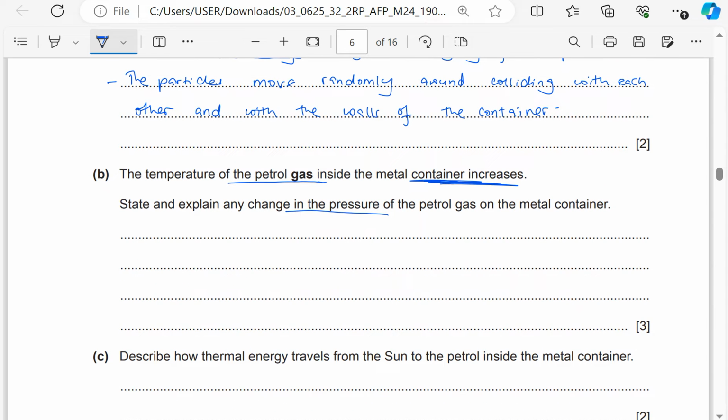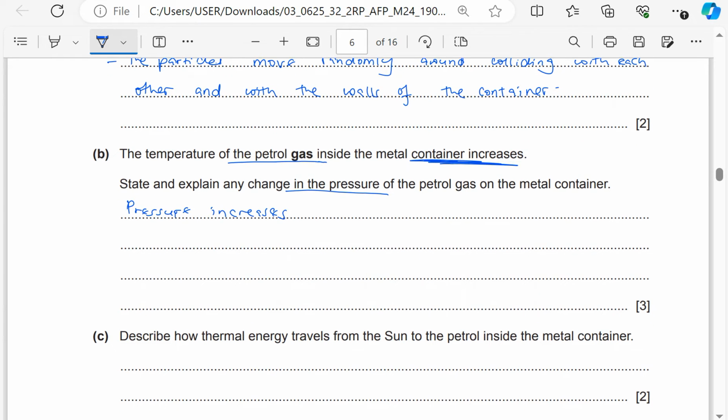So number one, I will simply say pressure increases. Pressure is directly proportional to temperature if the volume remains constant. So pressure increases. And why does it increase? Because the temperature increases, the particles gain more kinetic energy.